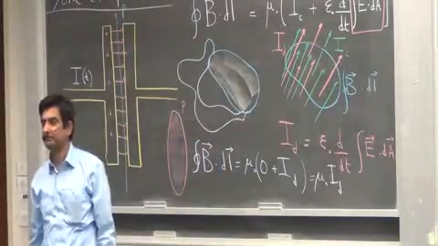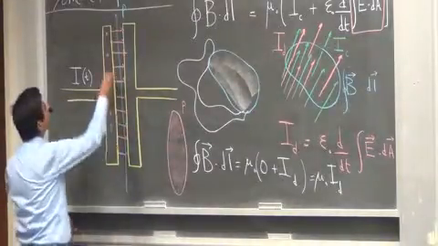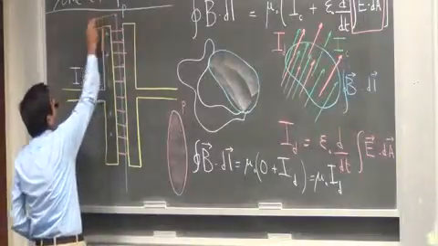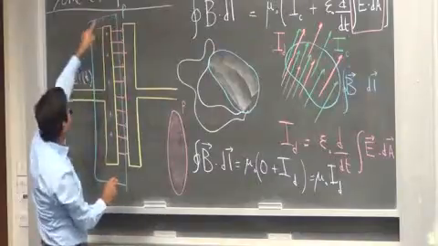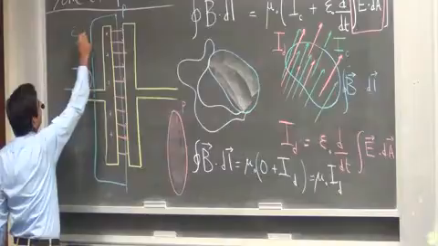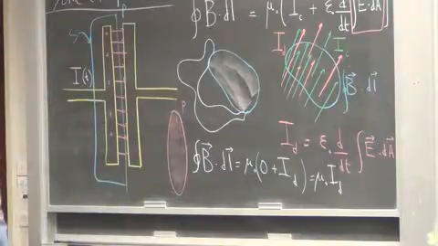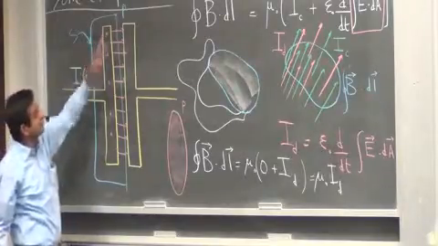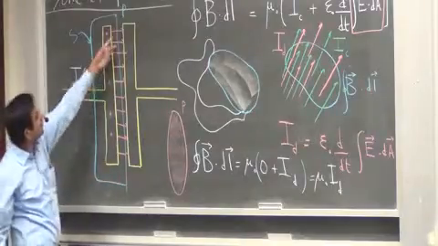Because if I choose another area, if the path remains the same but the area now changes. Now this is my area, let's call this area S. Now I have a fishing net kind of situation in which I have a path and the area on whose boundary lies the path does not see any electric field.